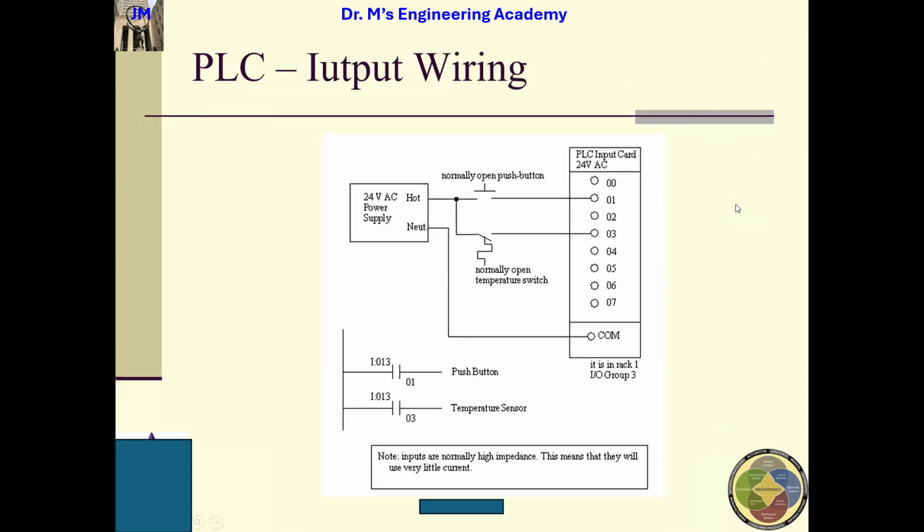So the inputs vary. We have done this, and I'm going to show you guys. Actually, Ram has done this one for us. This is the 24 VAC input card, with a 24 VAC power supply.